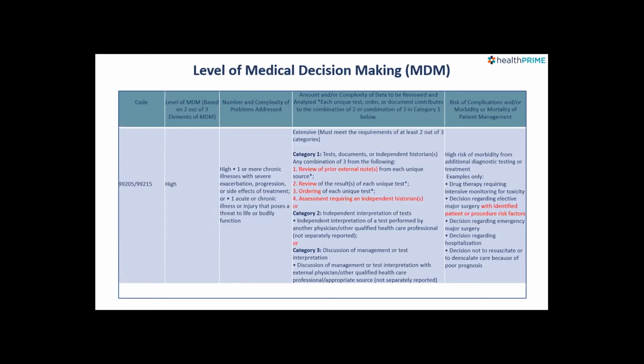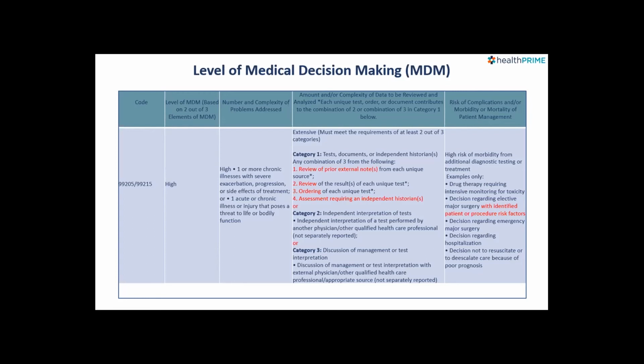So the major changes we have to make are in how we are documenting our current data points. So far we were documenting what test results we have reviewed, what tests we have ordered.